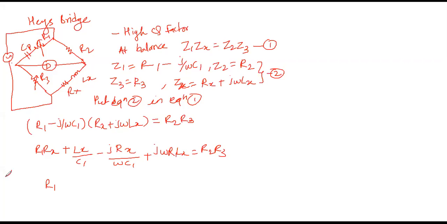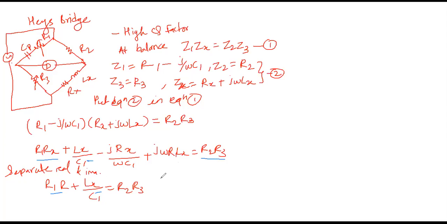Okay, so separate real and imaginary terms. So R1 Rx plus Lx divided by C1 is equal to R2 R3. Here we have two terms in LHS, this one and this one. These two terms are real and this one on the RHS.